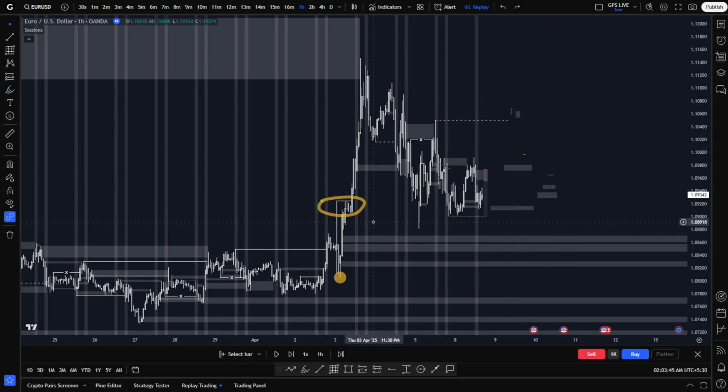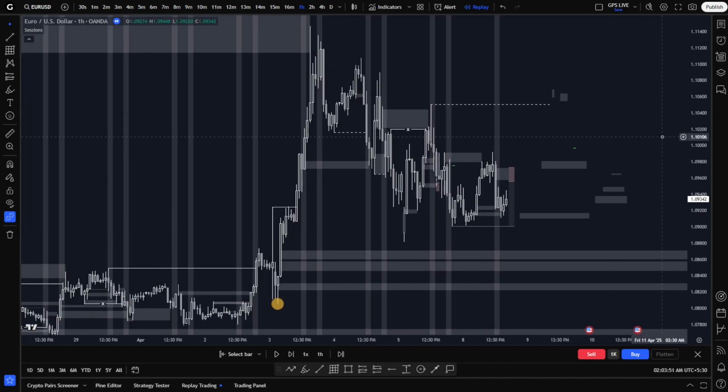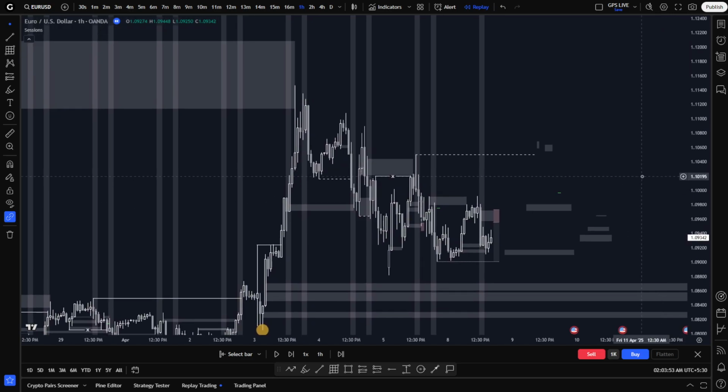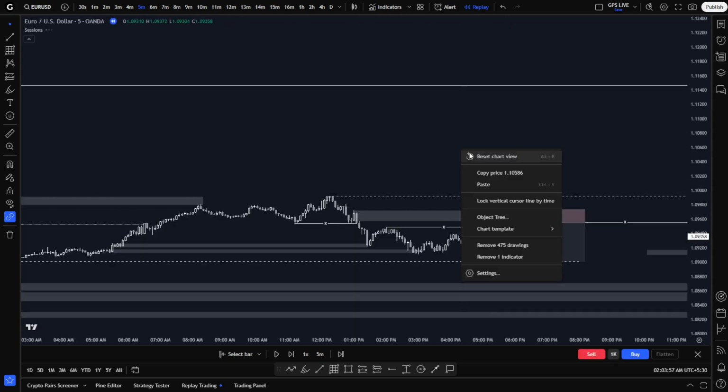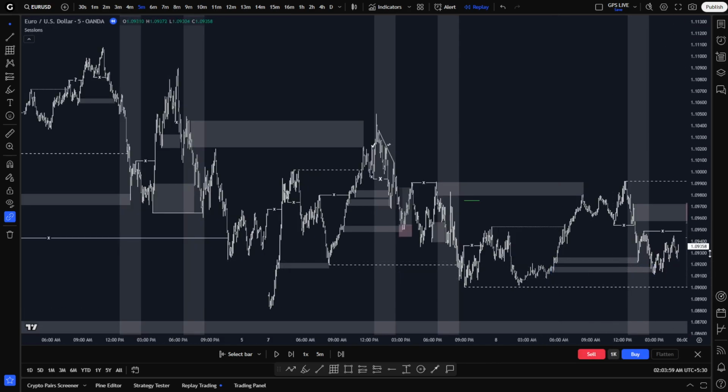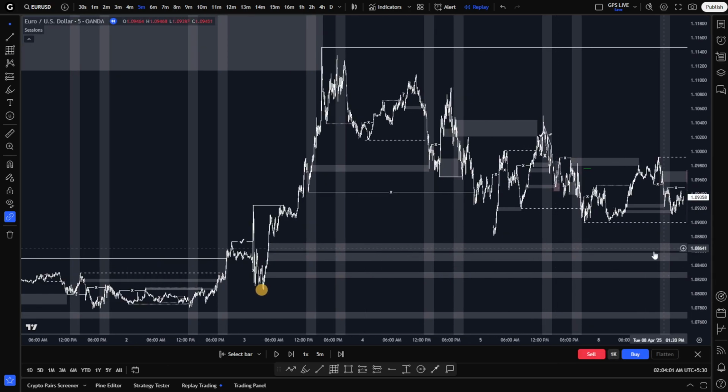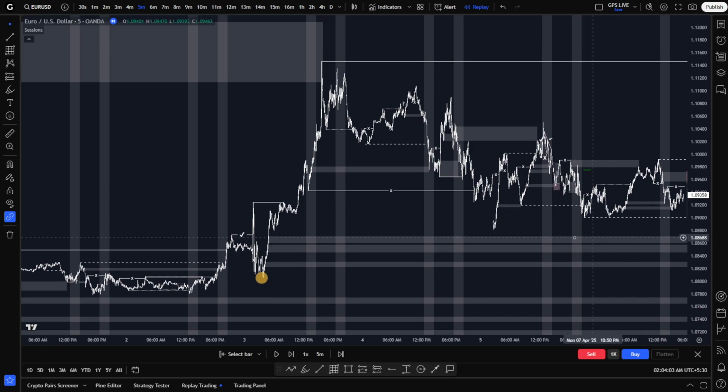This is how you should find bias in the market, by using the market structure. Okay, so that's just for bias in the higher time frames. I usually don't look at the higher time frames often. Now you get the entire concept of what's happening in the market.